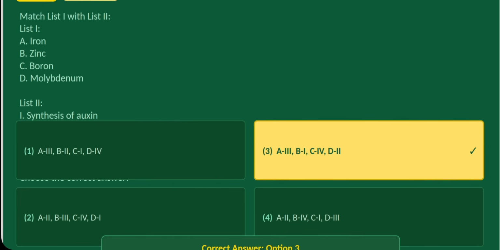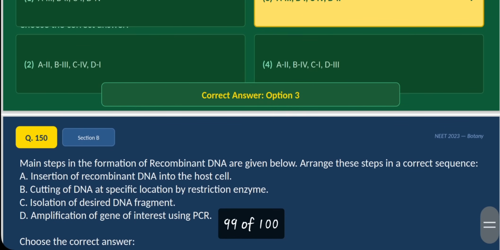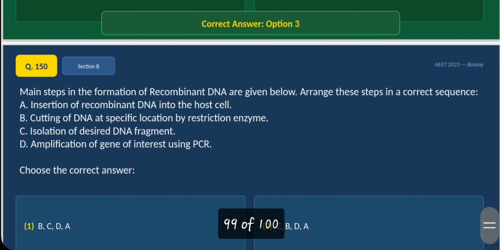B is 1, zinc, synthesis of auxin. Boron, pollen grain germination. D2, molybdenum. Since it is from the deleted chapter at present, you need not worry much.